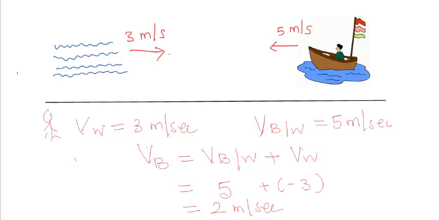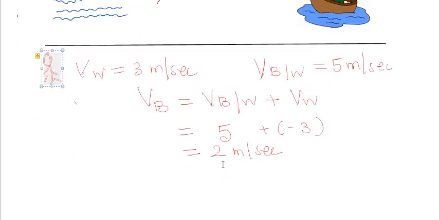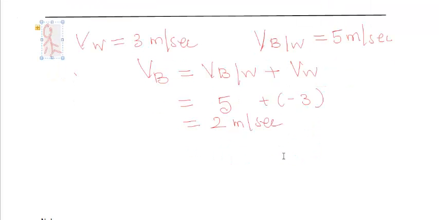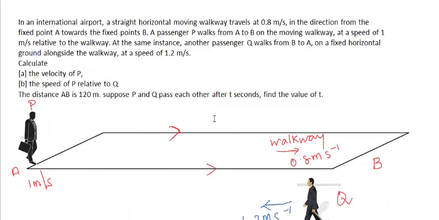The true velocity of the boat, that means for the person standing on the river bank and observing the boat, according to his observation, the boat is moving at 2 meter per second. So here you can make use of the equation.